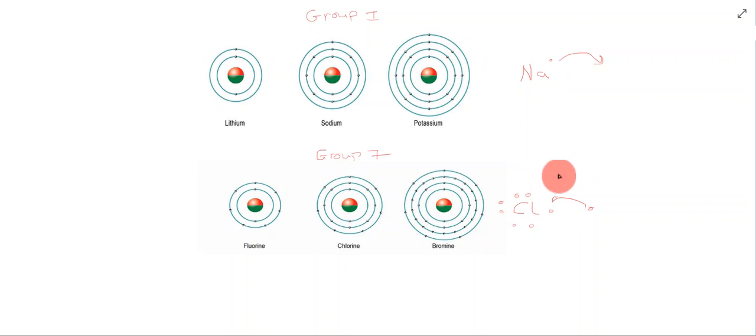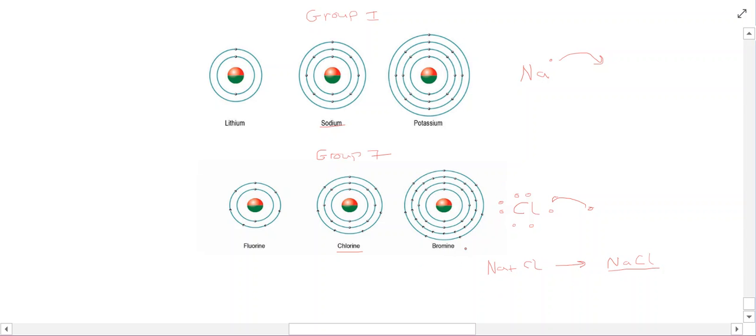So if we look at a very common reaction, if you take, for example, sodium, Na, plus chlorine, that gives you NaCl. So we have sodium here, and chlorine, and when they come into contact with each other, you get what's known as sodium chloride, or basically common table salt.